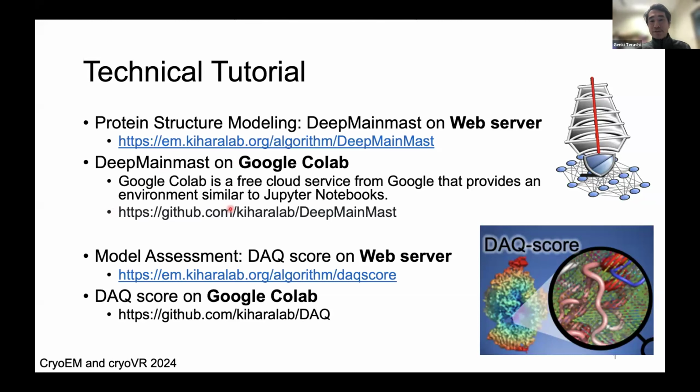We provide these programs on a web server platform and Google Cloud platform, and I will explain how to use them. It's very easy to use. If you have an EM density map and a protein sequence, please try DeepMainMast. And if you have protein structure models and an EM density map, you can estimate the accuracy of the atomic models by using the DAQ score. Later, we will provide this presentation file to the audience.